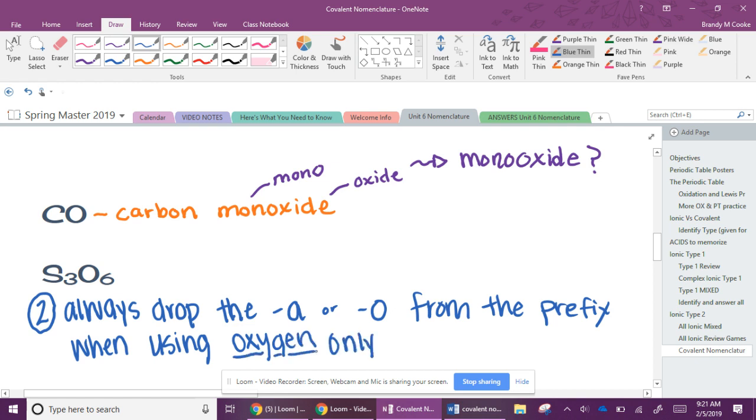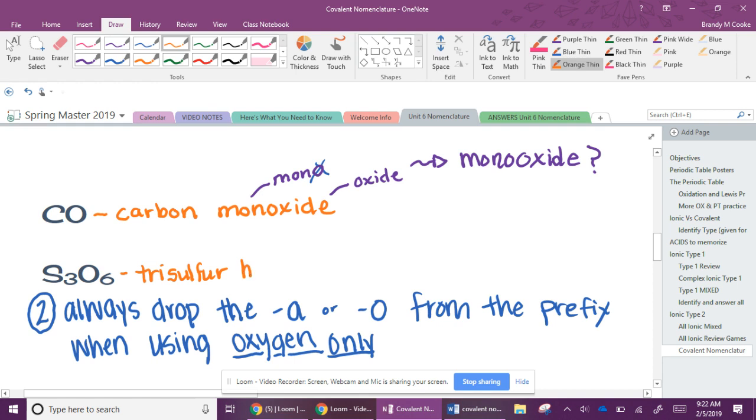So only oxygen. And some of them are going to look kind of funky, and I know it looks weird and it sounds weird, but oxygen's the only one that we're going to drop. So here, instead of carbon monooxide, we have carbon monoxide. We dropped this O from mono, and then put it with the oxide. So let's take a look at this example. We have 3 sulfurs, so trisulfur. And now we have 6, which is hexa oxide, but we're not going to say hexa oxide.